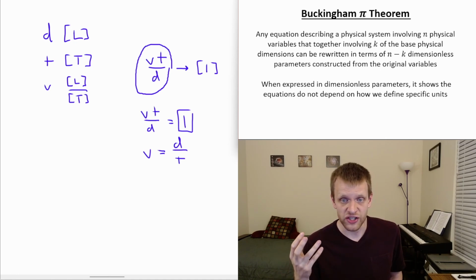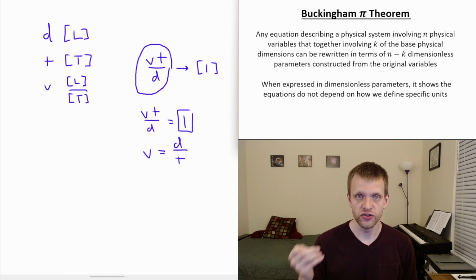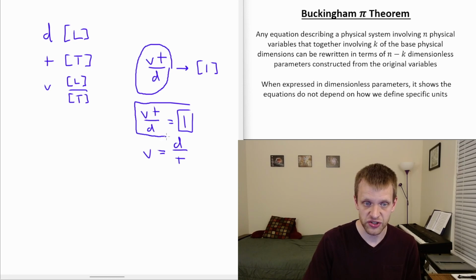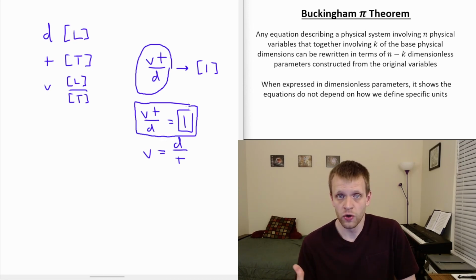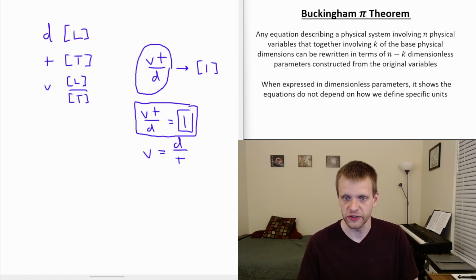And this actually has a number of benefits. Again, when expressed in dimensionless parameters, it shows the equations do not depend on how we specify those units. So if I have this equation where velocity times time divided by distance is equal to 1, it doesn't matter what units we've expressed that in. That combination of terms will be the important physical part of that equation.